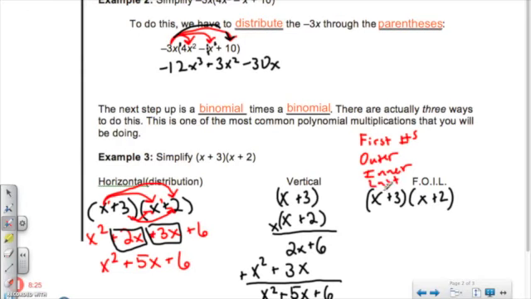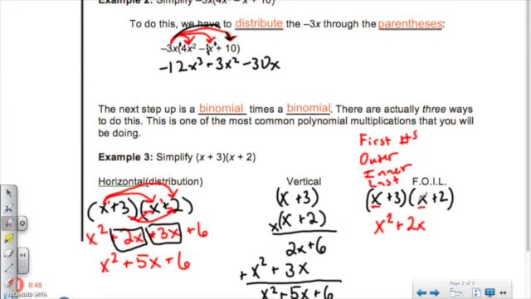So what that means, it's basically just a way of helping you remember what numbers to multiply. So first means I'm going to take my first numbers and multiply them. X times x is x squared. Outer means I'm going to take the ones on the very ends of the problem, the very first and the very last. That's outer. So x times 2 is 2x.